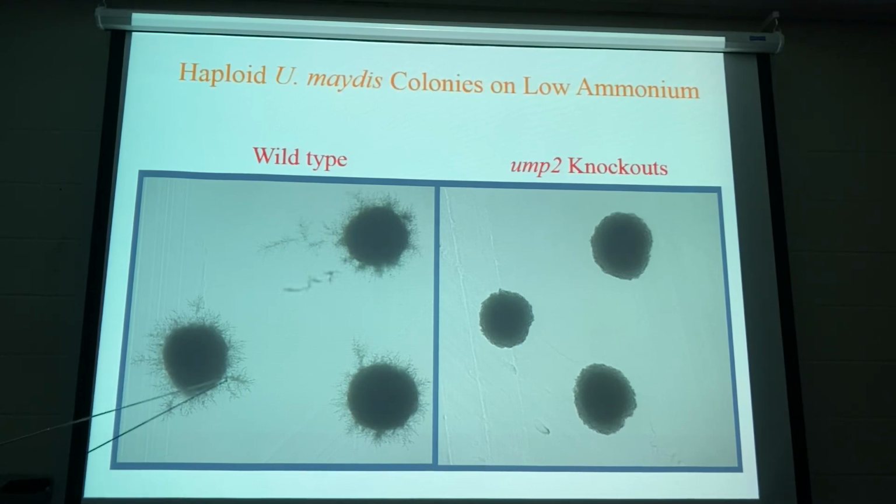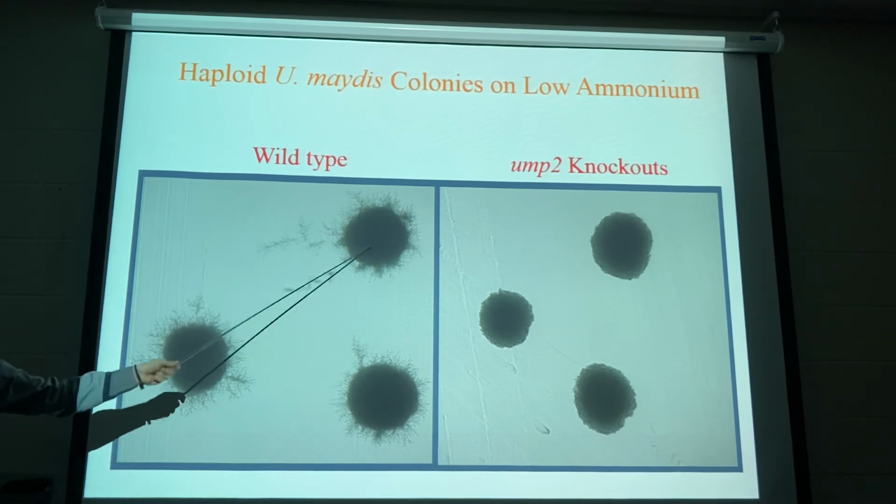They are producing a fuzzy colony because on low ammonium, they are able to produce these filamentous structures with the idea that maybe they're out looking for a new ammonium source. So that's what wild-type does.